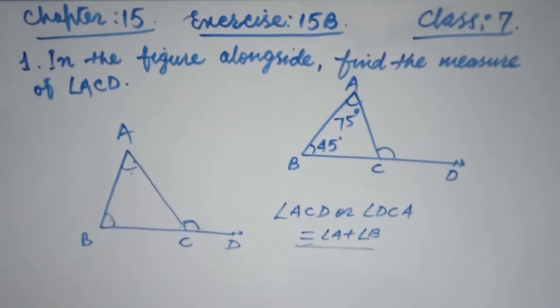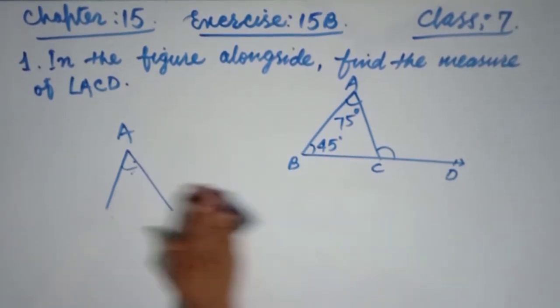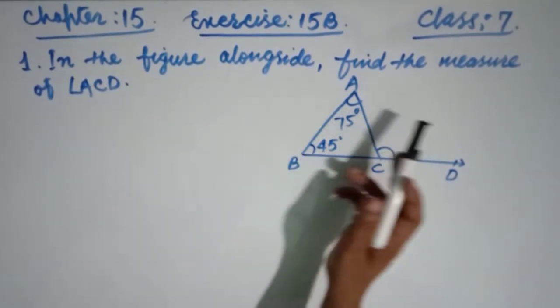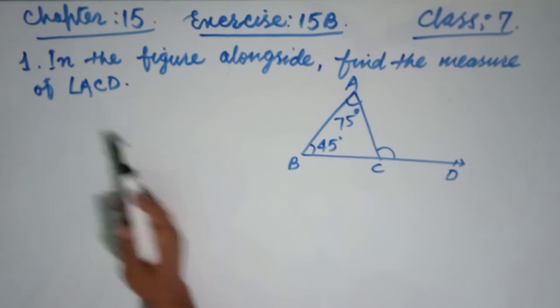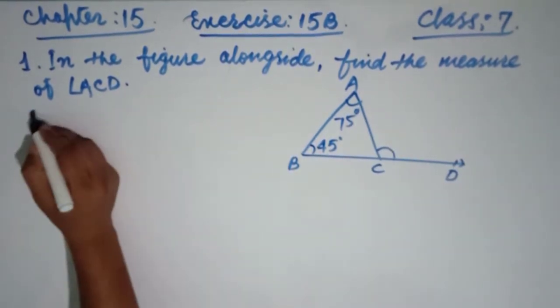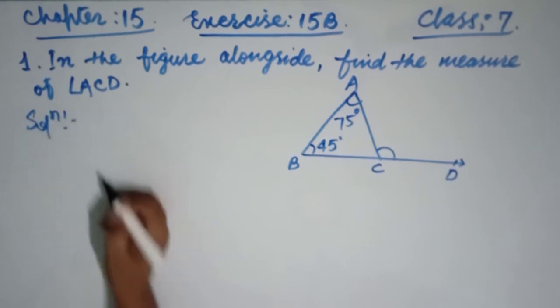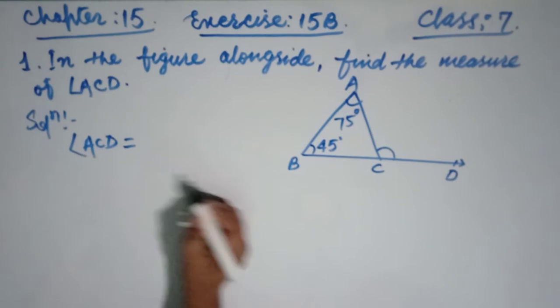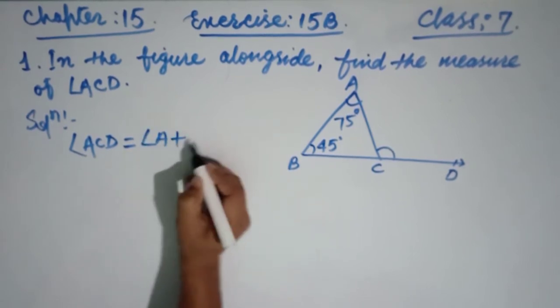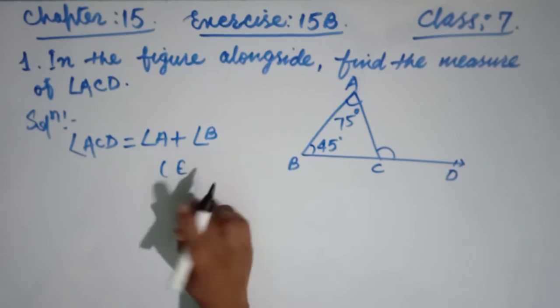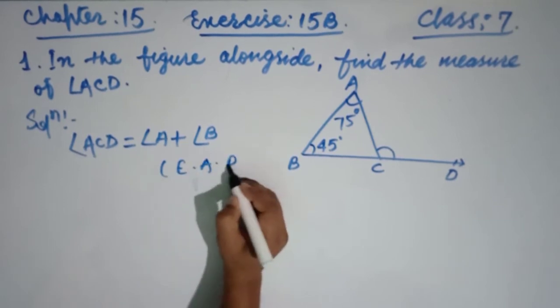Now then friends, as you can see, question number 1 on the board. Question 1 says, in the figure alongside, find the measurement of angle ACD, this angle. Now the solution: angle ACD can be written as angle A plus angle B. Reason: exterior angle property.